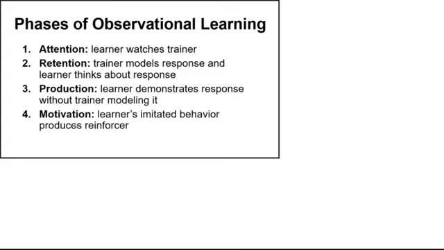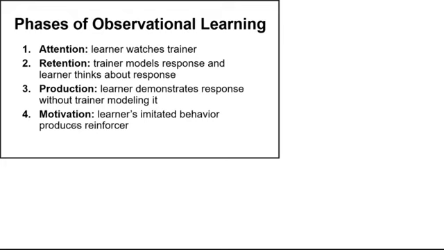Are they watching? Retention is then the observer has to be watching what the model is doing, and they should think about what they're doing. So there's some assumed cognitive process. This is one of those steps that anyone in, say, behavioral psychology or one of those behavioral perspectives would have issue with, because we imply thinking.